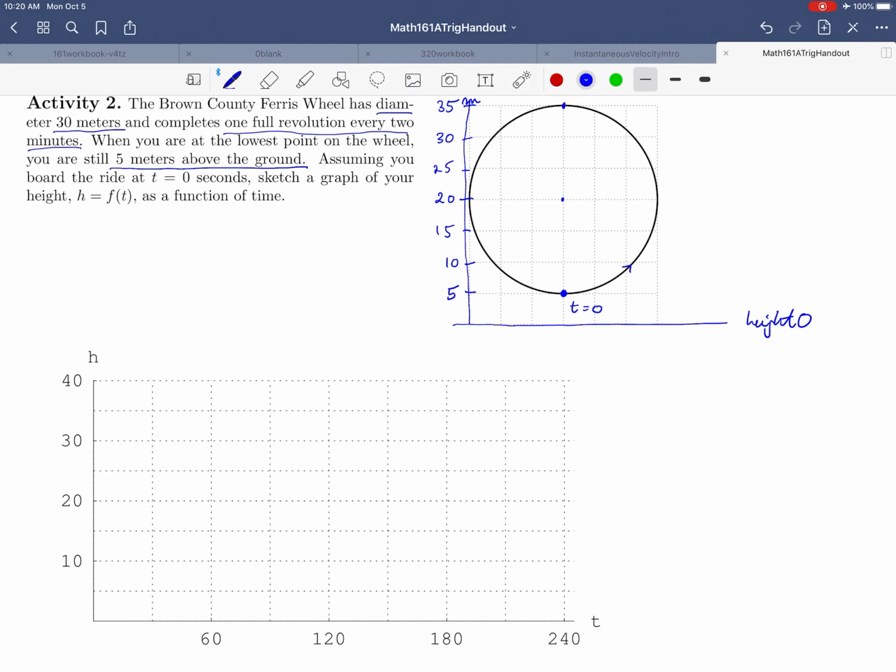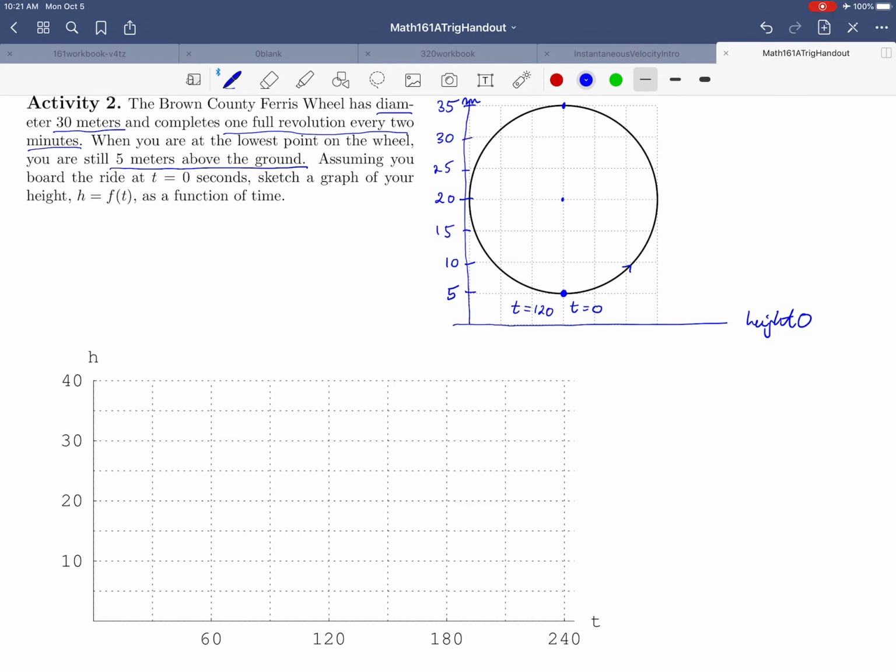So as we're going around the circle, we are going to reach the bottommost point again also at t equals 120 seconds. I would like to use seconds because it just gives us more intermediate times that we can talk about. It's a little bit easier to do this problem in seconds.